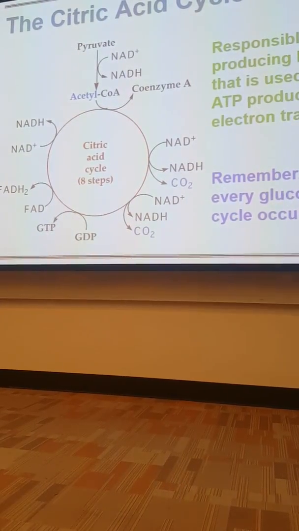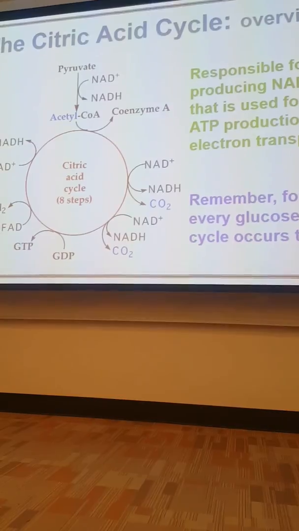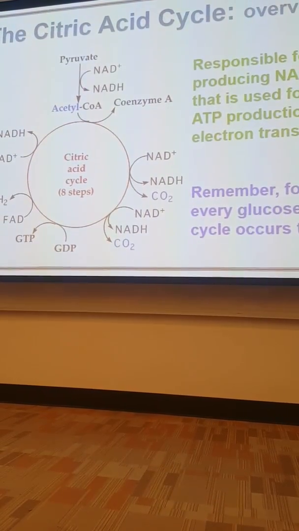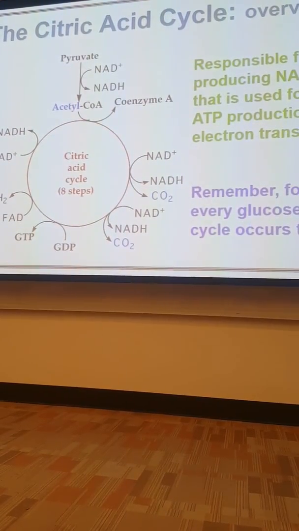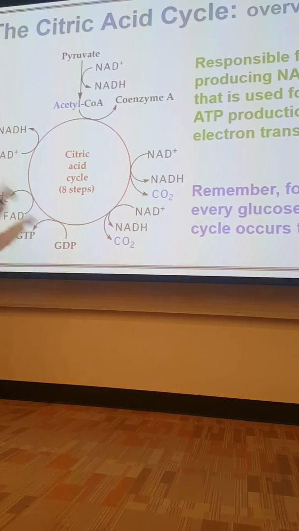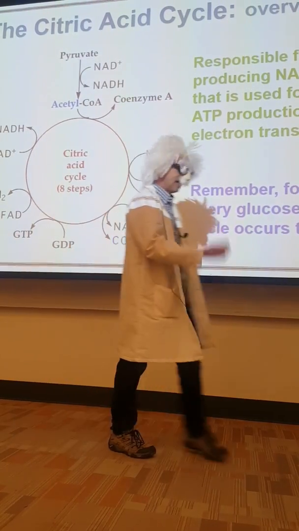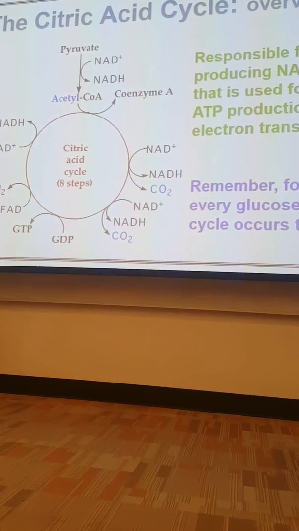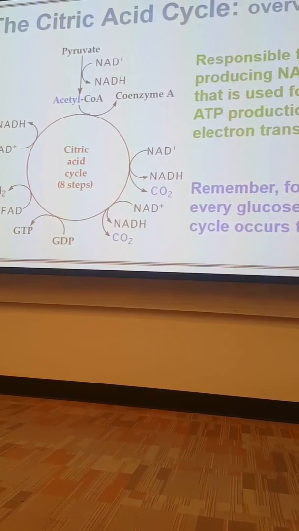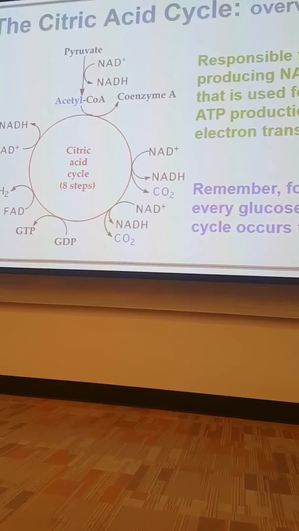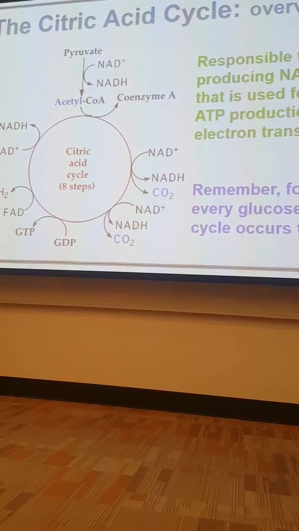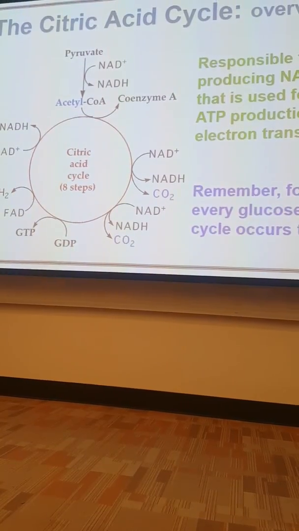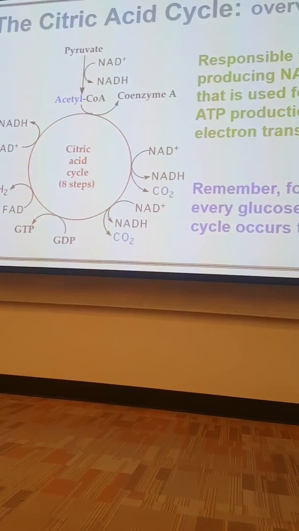Now look at this process. Notice pyruvate goes in and it gets oxidized by 4 NAD plus and 1 FAD. And you've got to realize that every NADH that we have here represents the possibility of generating 2.5 ATP. So right there, that one pyruvate can generate 10 ATP from NADH, and every FAD going to FADH2 represents 1.5 ATP.